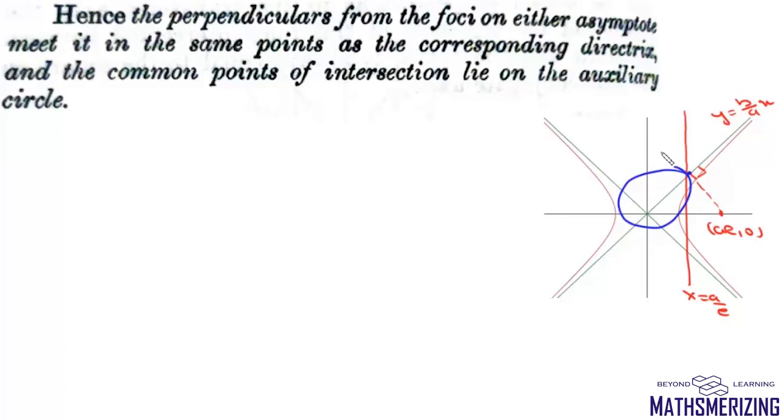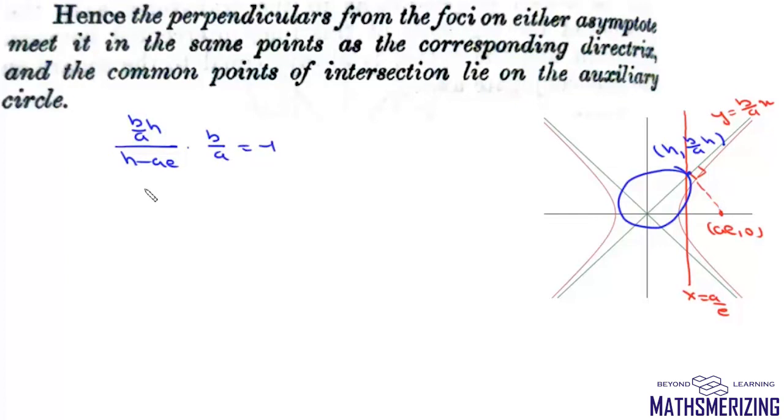Now let this point be h, and this point will lie on this asymptote, so it will be h comma b upon a h. Now we'll find the value of h. The product of slopes is -1. So the slope of this line will be b upon a h upon h minus ae, into b upon a, and it is -1.